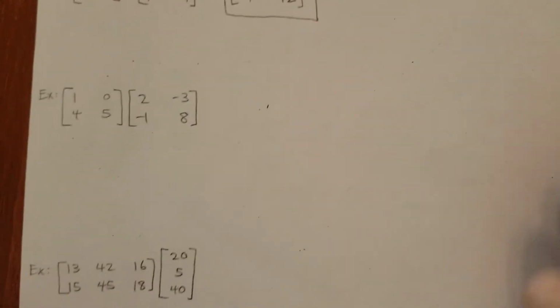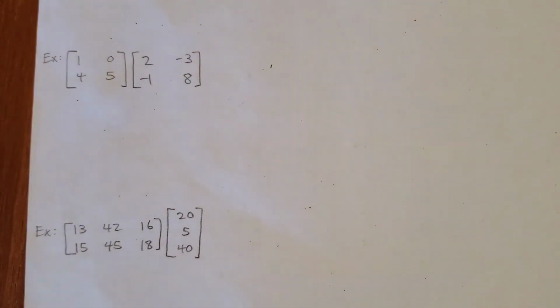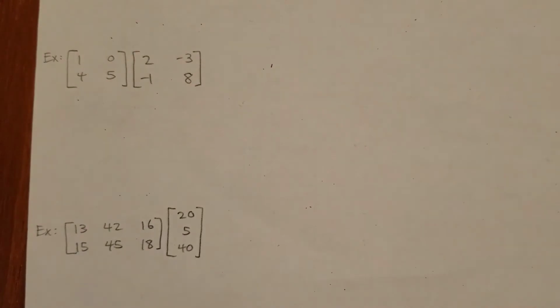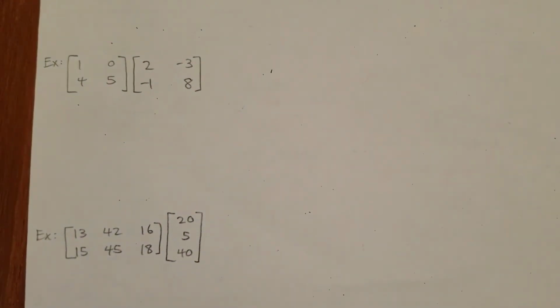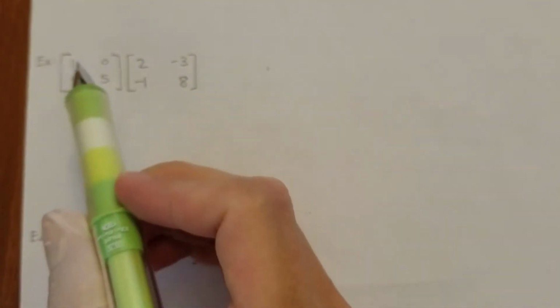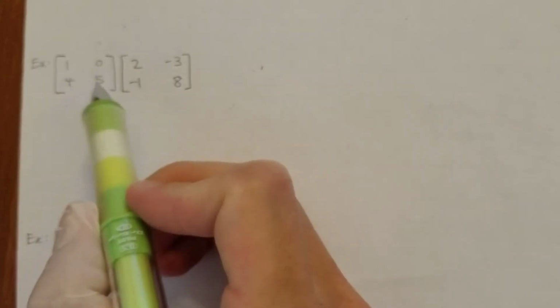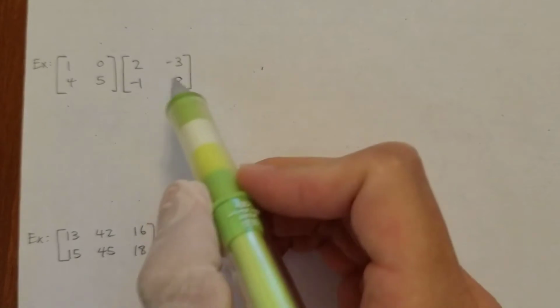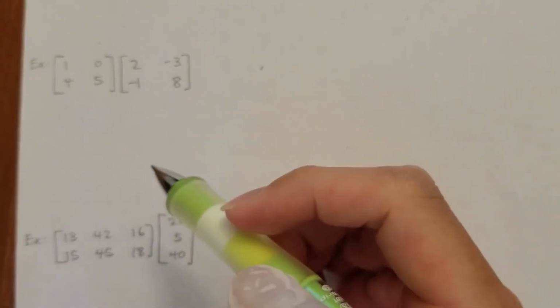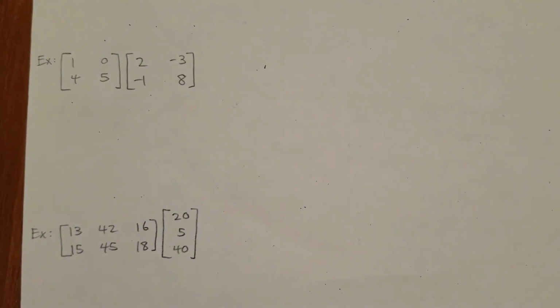Alright. The next ones are on multiplication. Multiplication is a little bit tougher. Okay, so in order to do multiplication, the columns in this matrix and the rows in this matrix have to be the same in order to multiply them together.